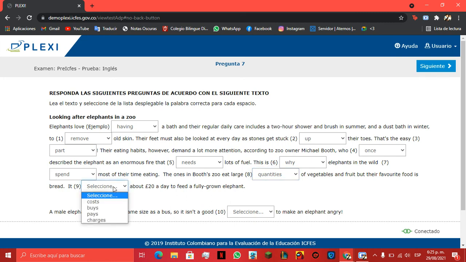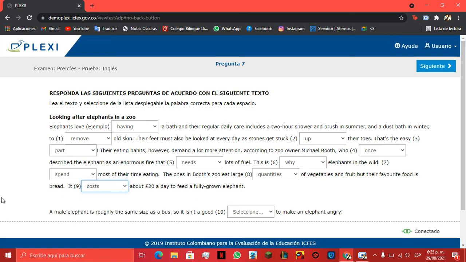It costs about 20 pounds, I think, a day to feed a fully grown elephant. Obviously, here the answer is cost, because here we can see a price.